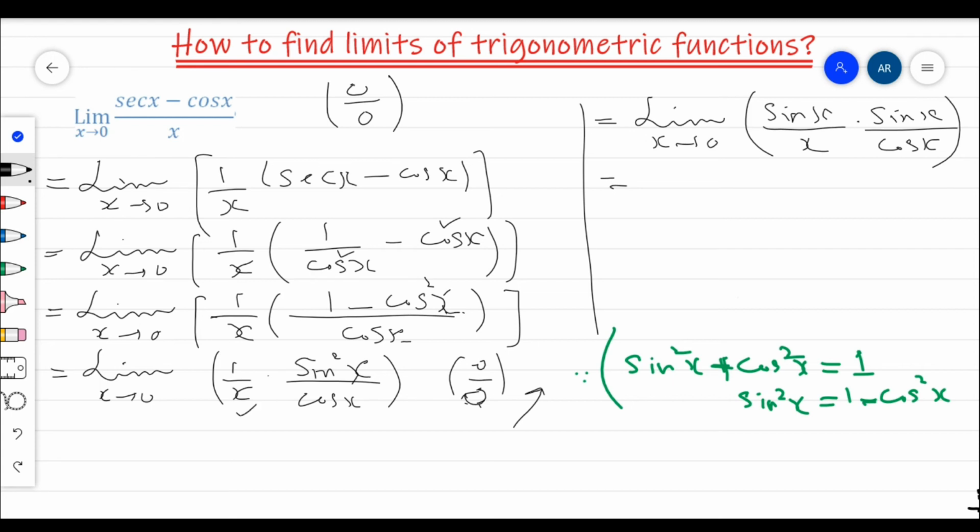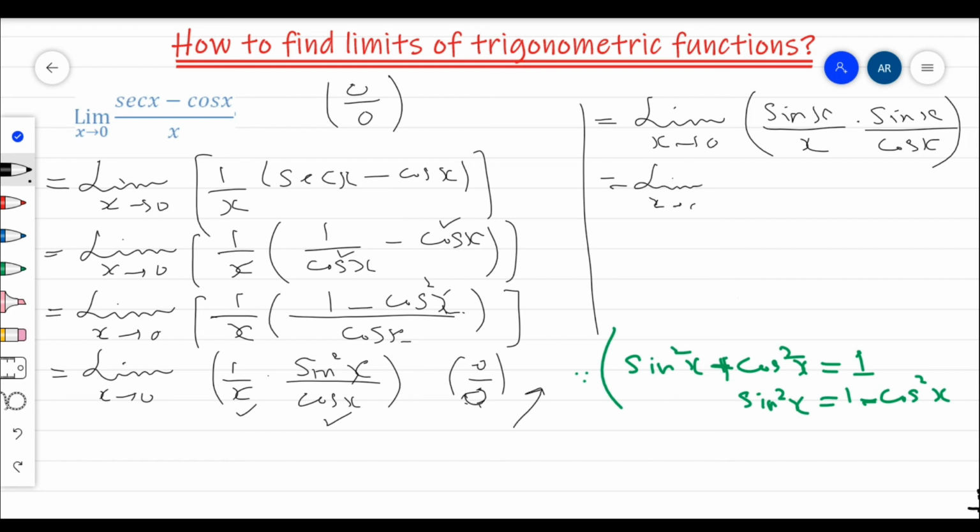X as it is, cos of x in the denominator as it is, sine square x. We can write sine square of x as sine of x times sine of x. Now we have a product of two functions. Let's apply the limit separately.